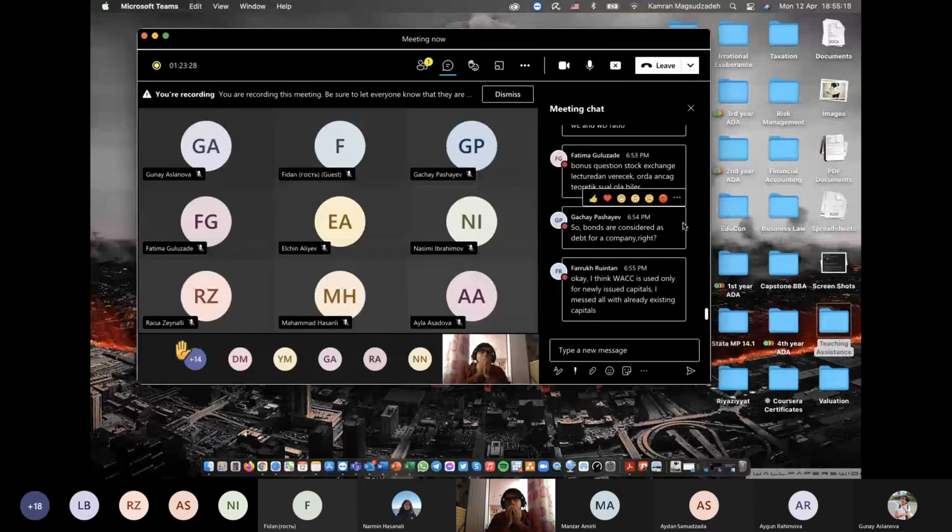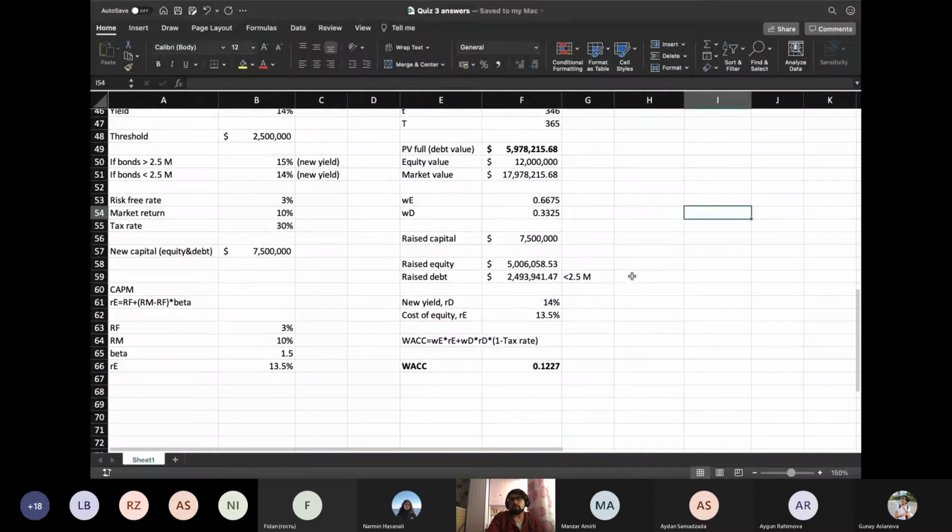Faruk, VACC is used for, how can I say, to value the company with free cash flows. That's how VACC is used. But we are here, we don't use any VACC here. We are finding VACC here.